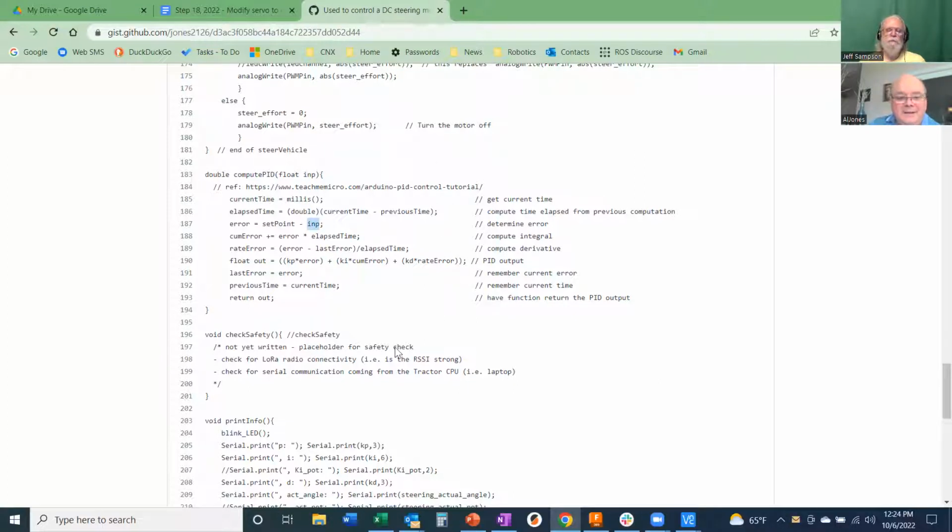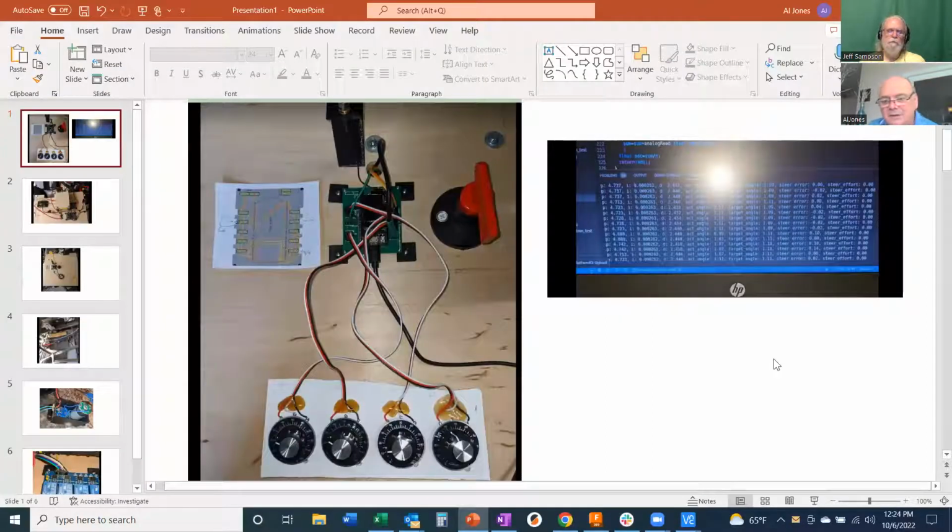So where I ended up with this particular setup, this potentiometer was being, again, from a testing purpose, just used to change the target angle. This was KP, KI and KD.